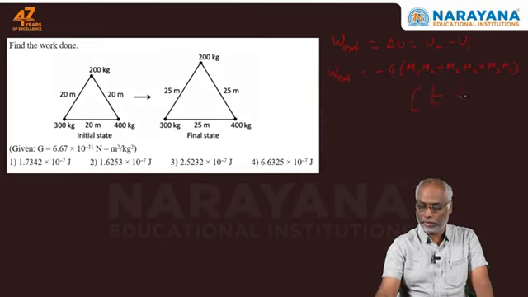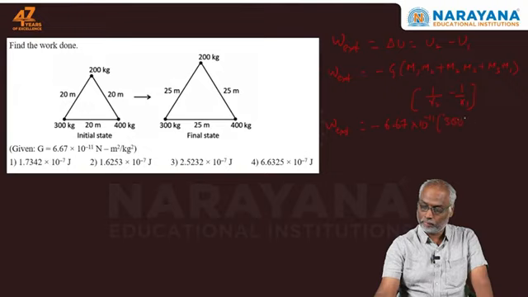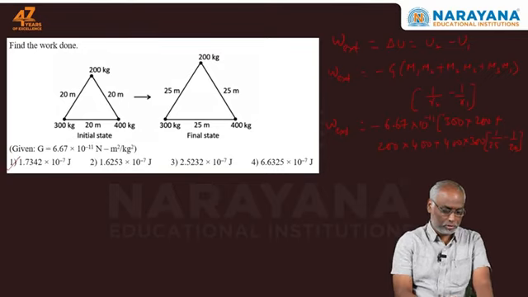Now the work done by the external force will be equal to minus, the value of capital G is 6.67 into 10 to the power of minus 11, into the products of the masses, 300 into 200 plus 200 into 400 plus 400 into 300, whole multiplied by (1 divided by 25 minus 1 divided by 20). So making the suitable calculations, we are going to get option 1.